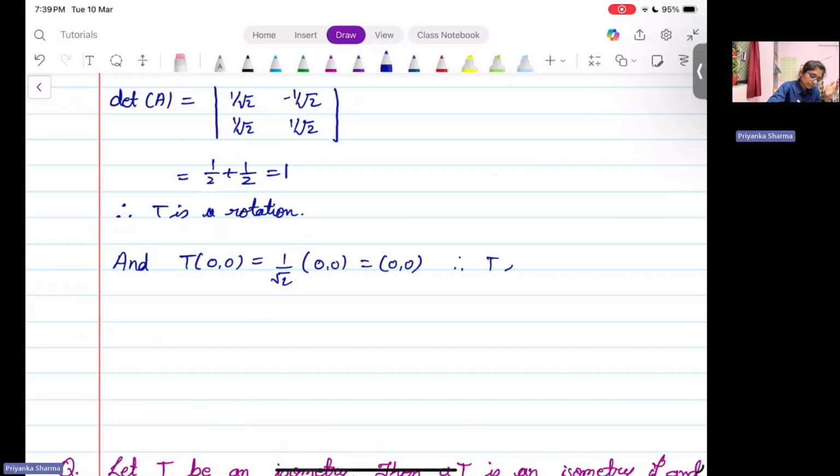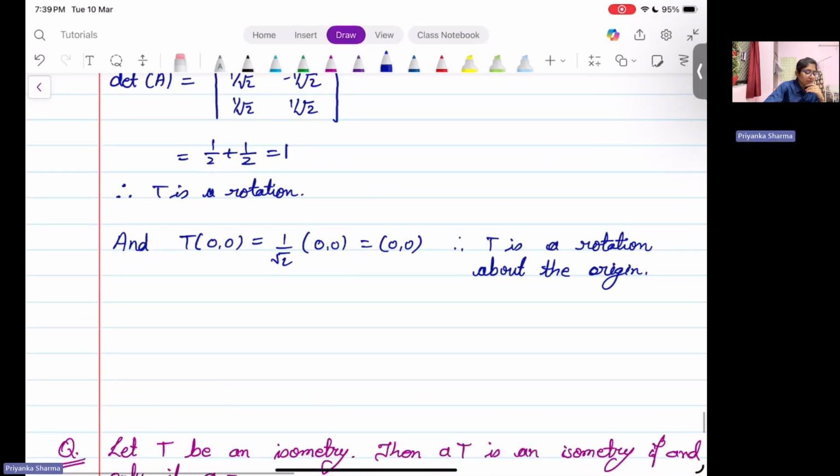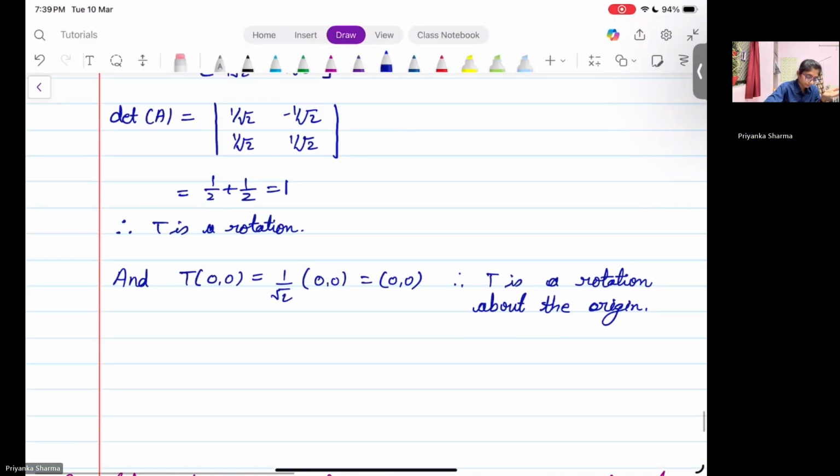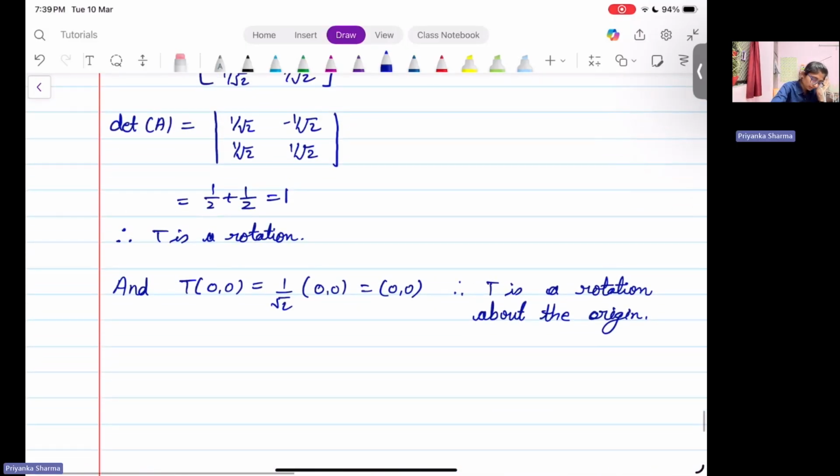Therefore, T is a rotation about the origin. Okay. Now we need to find the angle of rotation. So again, this will be cos theta and this is sin theta.